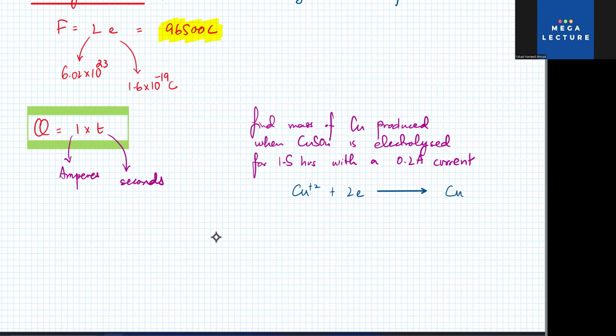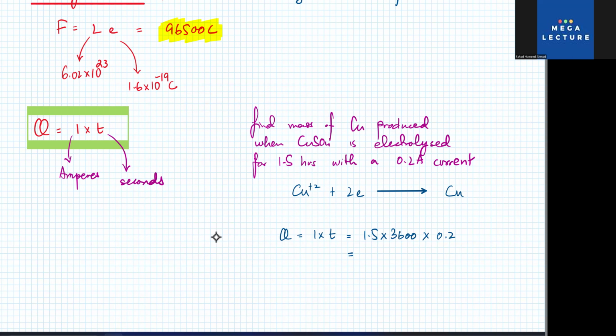So based on the information that's given, you can figure out the charge, right? Q is equal to IT. The time of 1.5 hours should be in seconds, so that's into 3600, as 1 hour has 3600 seconds, into the current, which is 0.2 amperes.